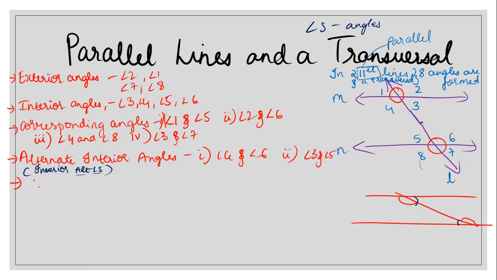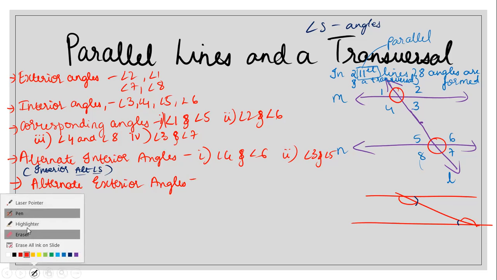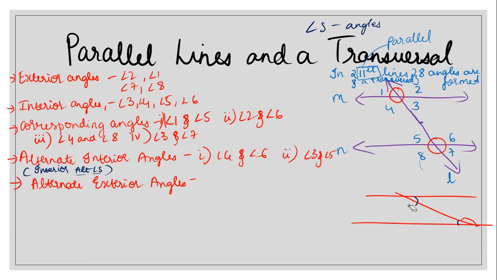Now let's see alternate exterior angles. Now let's see what exterior angles are. Same thing, nothing different. Let's take the figure again. I'm drawing it separately so that it would be easier. Alternate exterior angles, that means we are talking about exterior angles definitely. And that means these two, this one and this one.